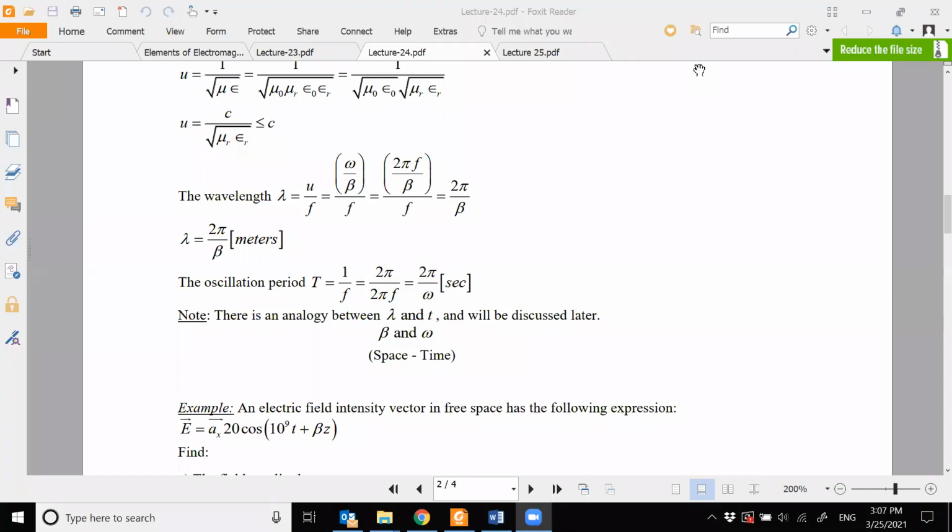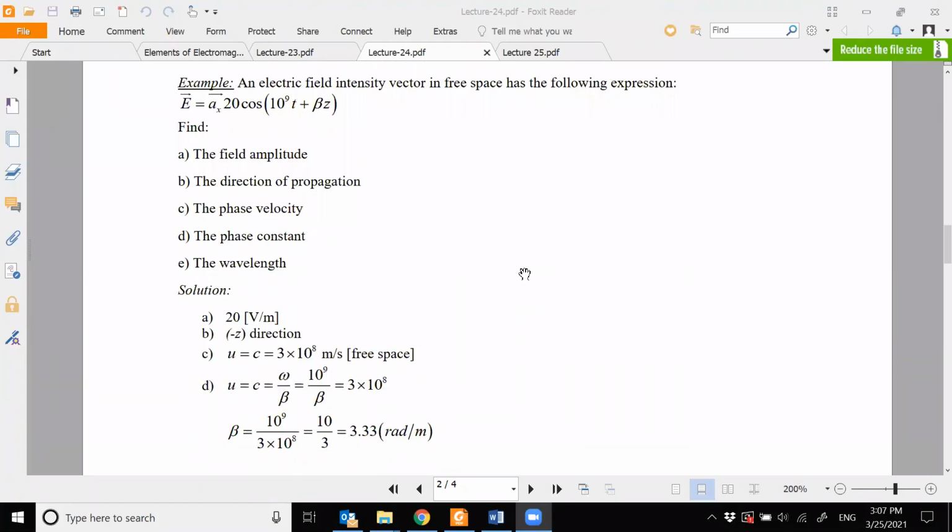First, the field amplitude. Let's compare this with the standard form, E is a_x E0 cos(omega t + beta z). Therefore, my field amplitude is 20 volts per meter.